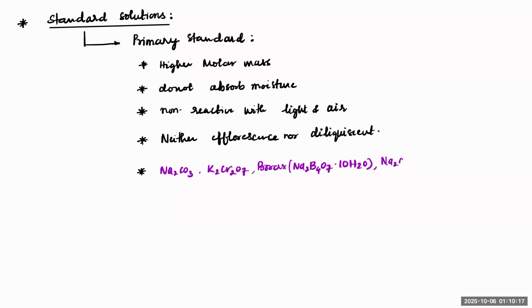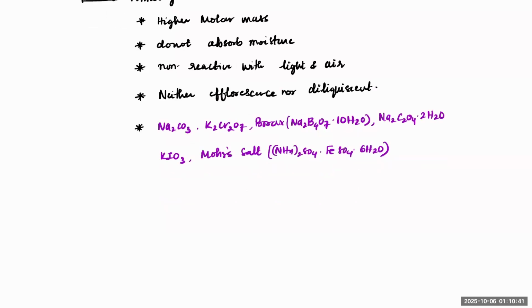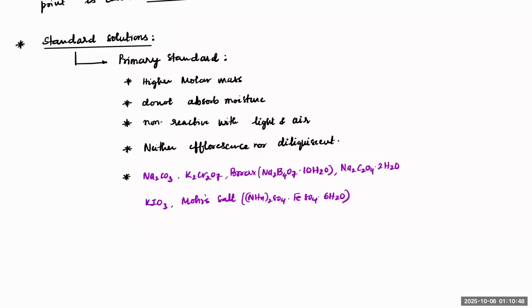Sodium oxalate, Na2C2O4.2H2O, got it? KIO3. Mohr's salt, okay? Ammonium sulfate dot FeSO4 dot 6H2O. These are some of the primary standards which we'll use more often. Got it?